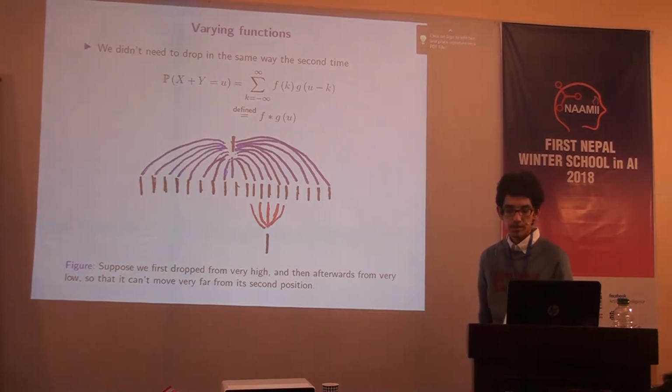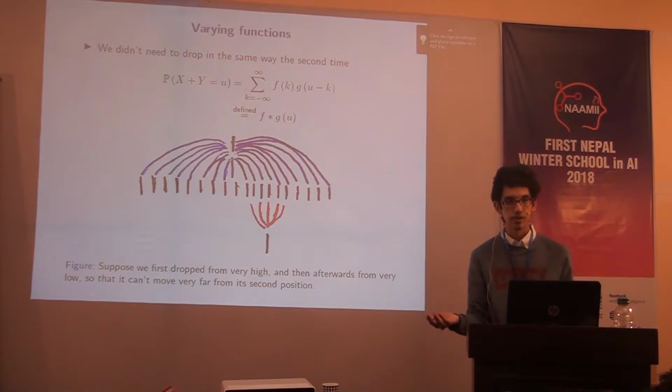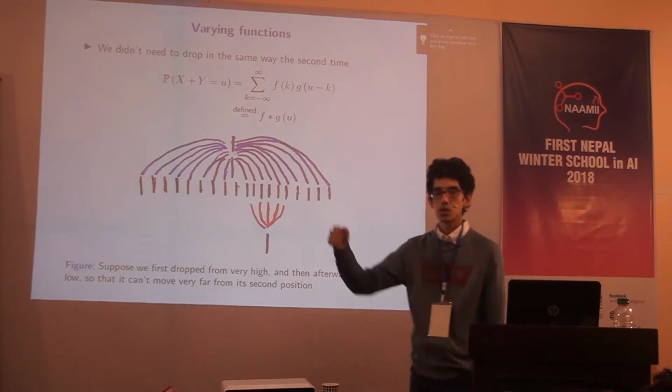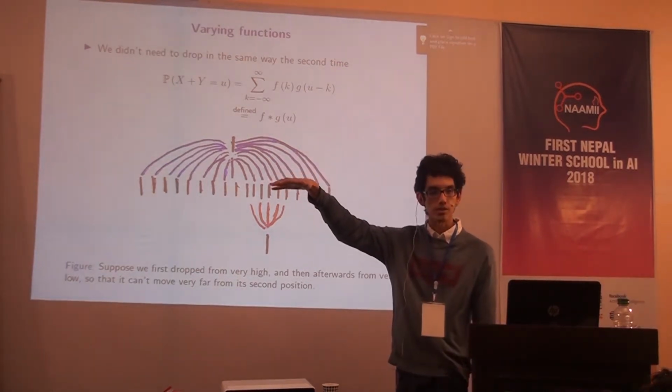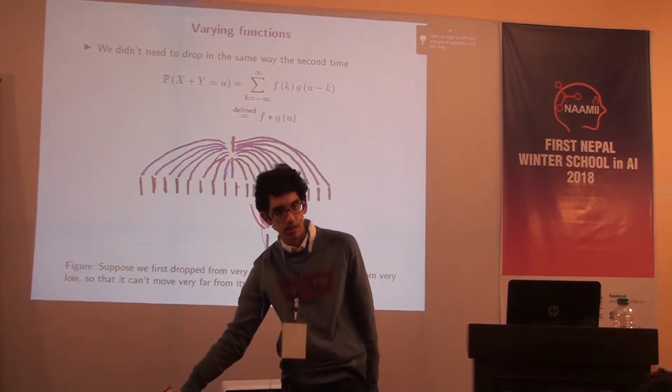Okay, and so far I've been thinking about dropping it and then dropping it again from the same height, the same function, but there's nothing about my derivation that required it be the same function. I could have dropped it from a very high position first, looked at where it landed, and then dropped it from a very low position the second time around.